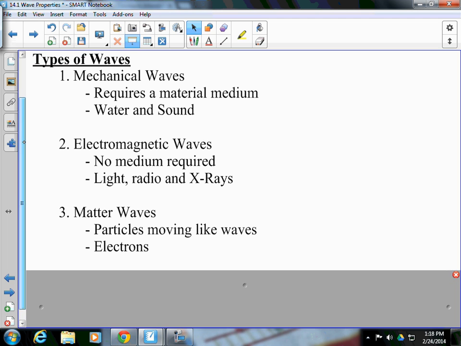Three types of waves. The first is a mechanical wave, and a mechanical wave requires a material, a medium. What is a medium? A medium is really a substance that a wave can flow through.